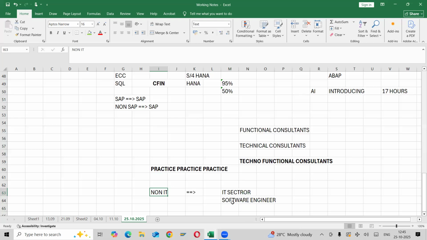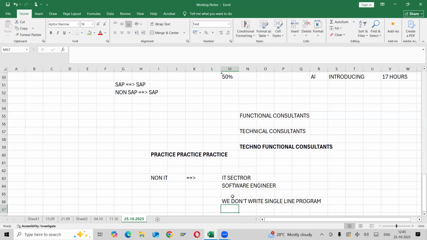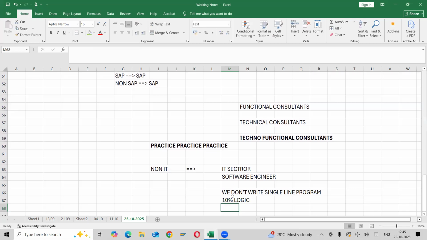Even though we are considered software engineers in the IT sector, we don't write a single line of program. In my entire career, I didn't write a single line of program. Hardly 10% logic is required, and by practice we can get that logic also. No programming knowledge is required.